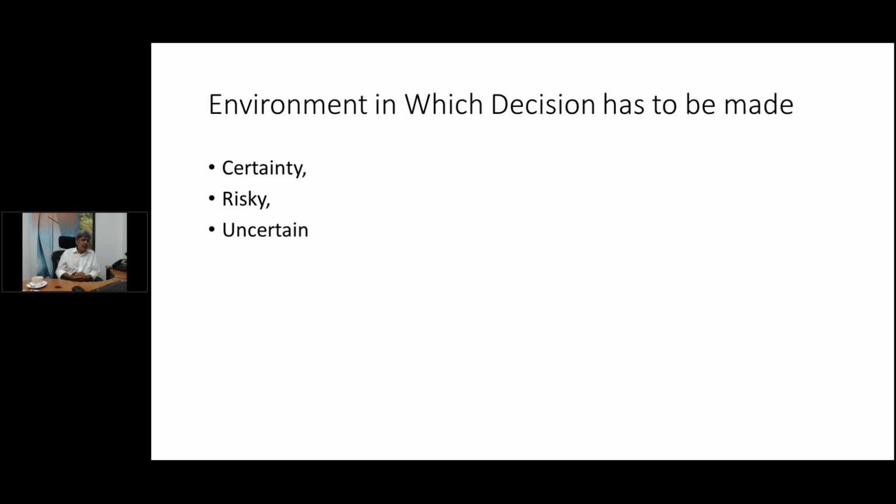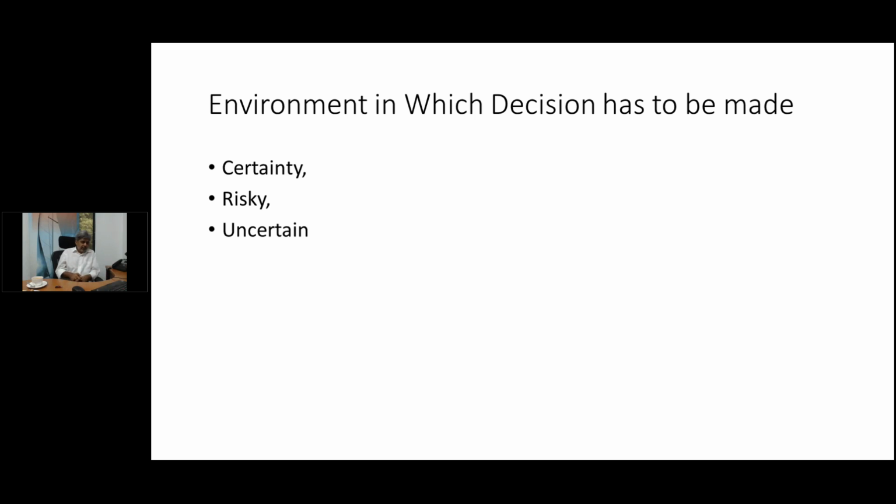So we will try to look into the risk element that is associated with the problem and how we can resolve such risk assessment in order to come up with more quality decisions which can yield better results.